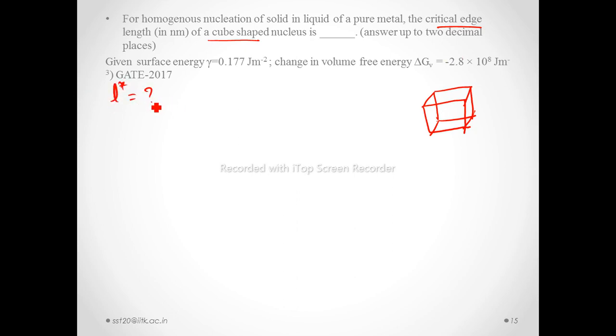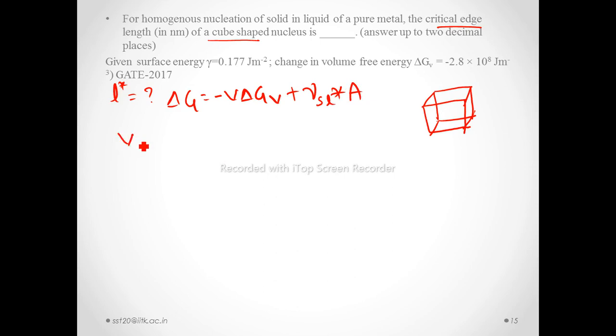For that, the basic equation we know is the free energy: delta G equals minus V times delta GV plus gamma of solid liquid into surface area.